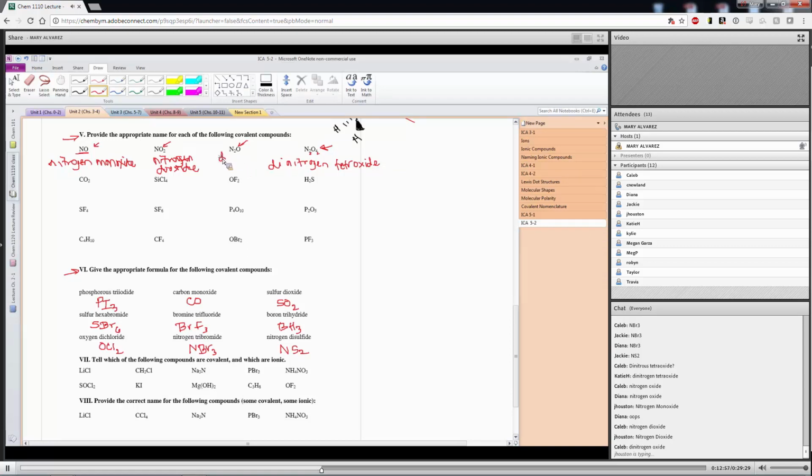Got 2 nitrogen, so this will be dinitrogen. And then 1 oxygen, so it's got to be monoxide. Excellent. Okay, CO2 is our example on the other page, so you guys should have this one. What's that?